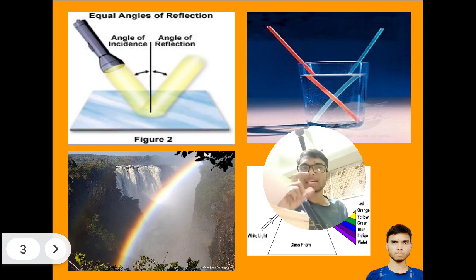Is the question asking what is the angle between the incidence ray and the normal line? No, this is what the question is not asking. The question is asking what is the angle between the surface of the object and the incident ray.